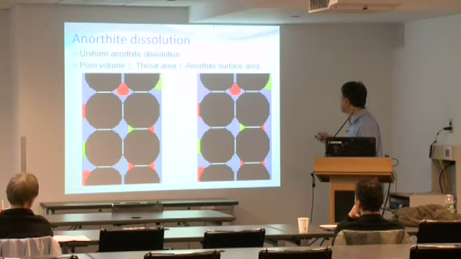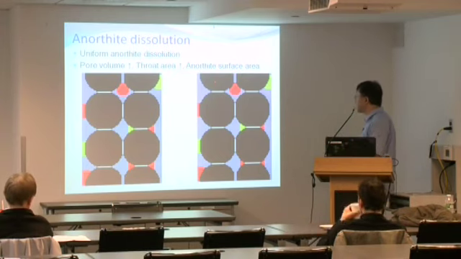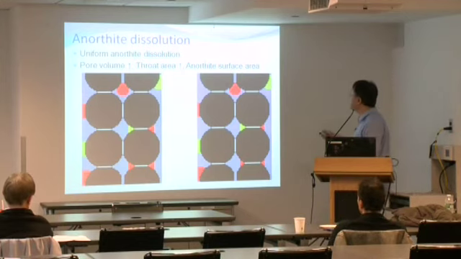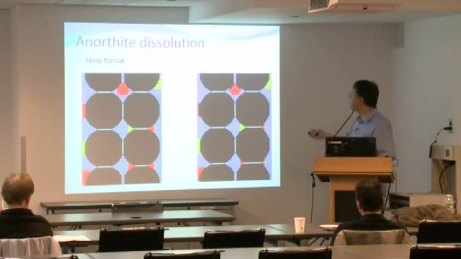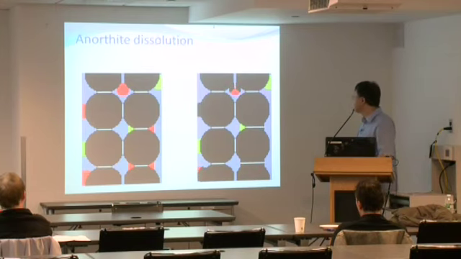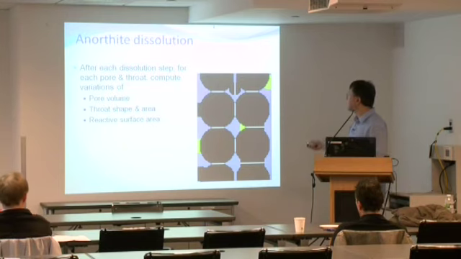We apply this 1 layer of dissolution, so this pore has a larger pore volume, and this throat is increased by about 1 voxel, and the anorthite surface area changes. And then we apply another layer of dissolution, then we have this. We have a new throat because 2 pores touch. And we apply another layer of dissolution, then we have this image, and we apply another layer until all is gone. So finally we have this image.